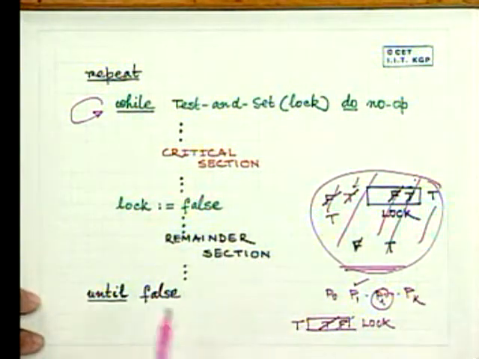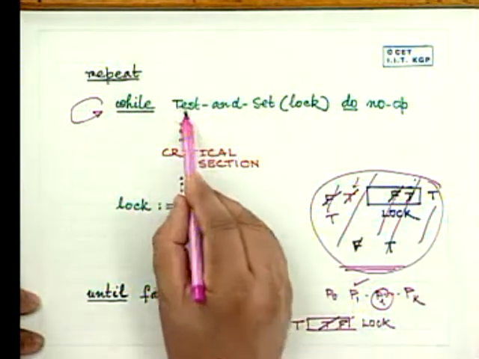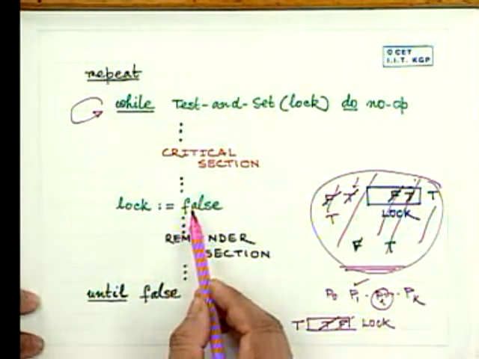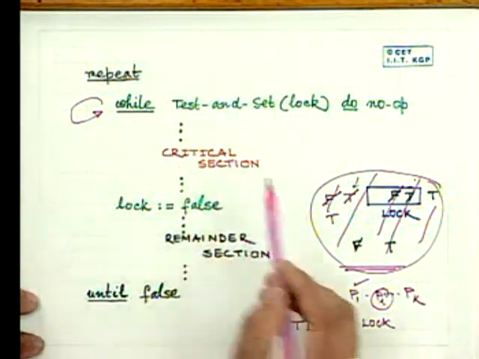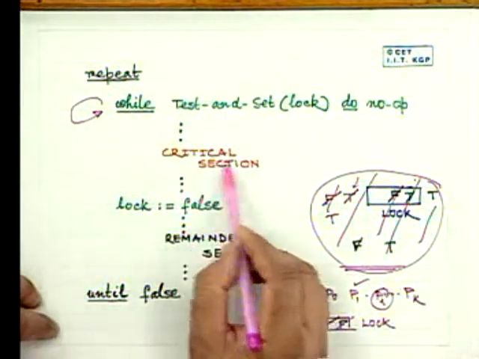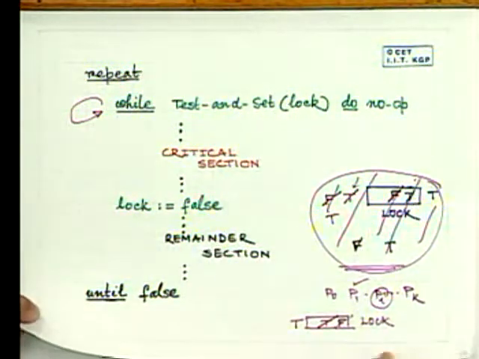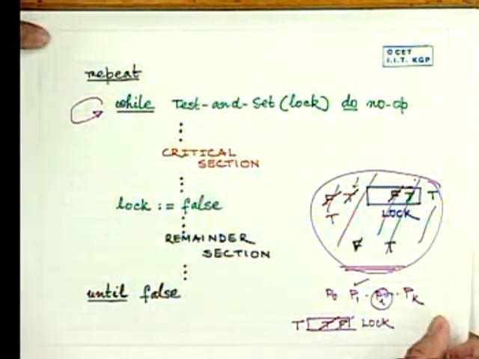This way, by making test and set an indivisible operation, mutual exclusion amongst different processes in terms of their critical section can be maintained and is maintained. Now, test and set is an instruction available in many contemporary computers, and it is utilized to implement the critical section.